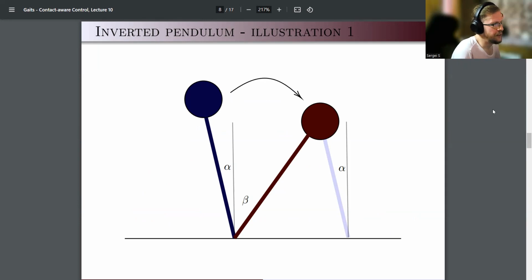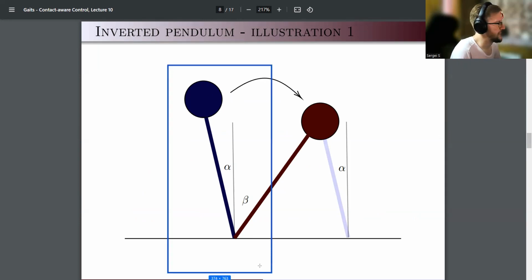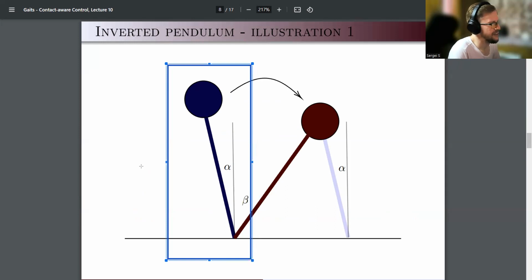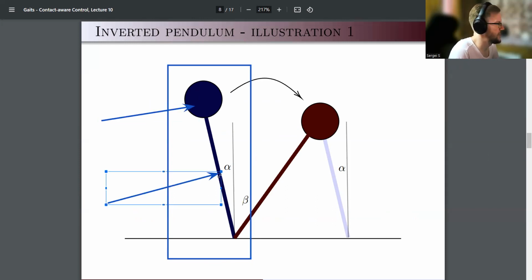Okay, now here's your inverted pendulum. Here's the mass. This is the rod on which the pendulum rotates. Here's the point of contact. Here's your angle in the beginning. Here's your angle at the end.